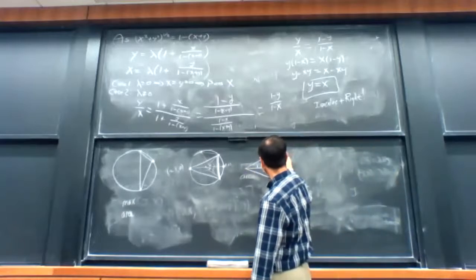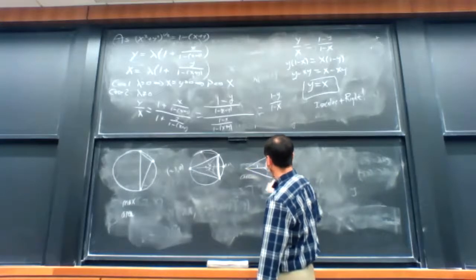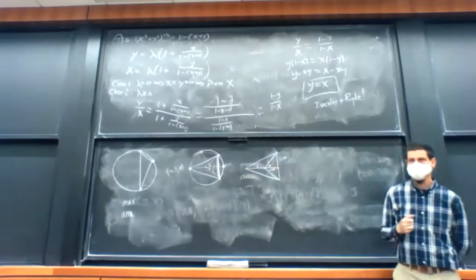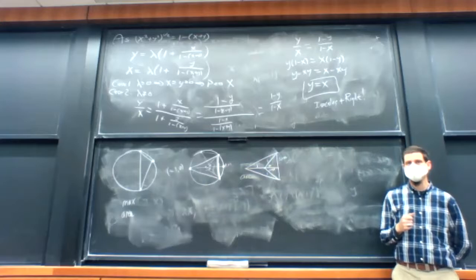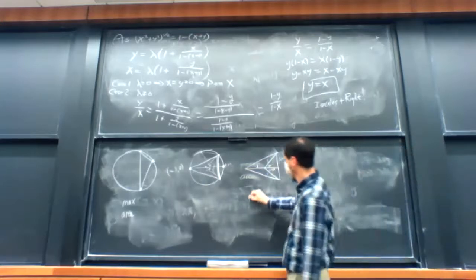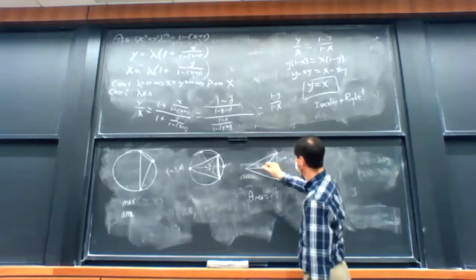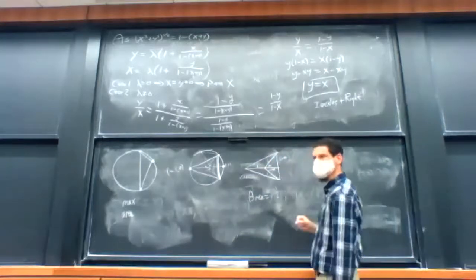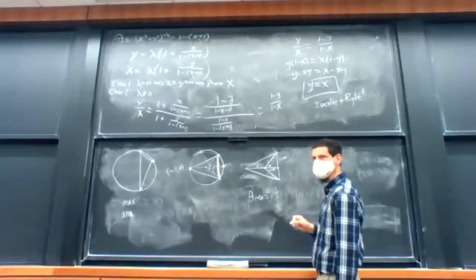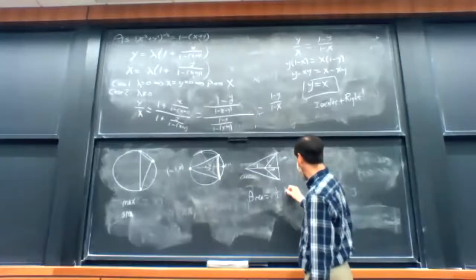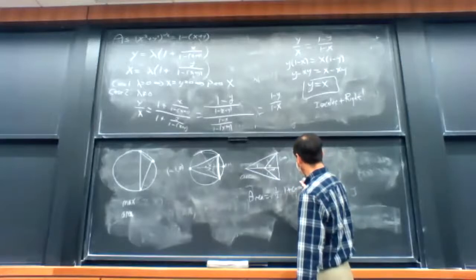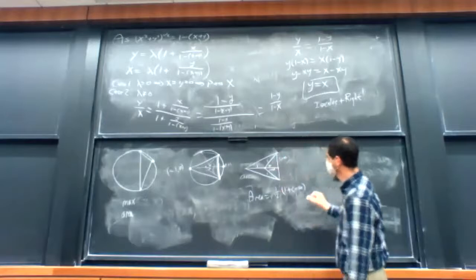If this is theta, this is going to be the sine of theta, this is going to be the cosine of theta. Right? And so what's the area? It's going to be 1/2. The height is what? 1 plus cosine theta. And the base is 2 sine theta.